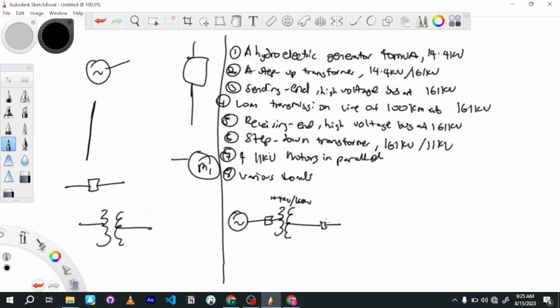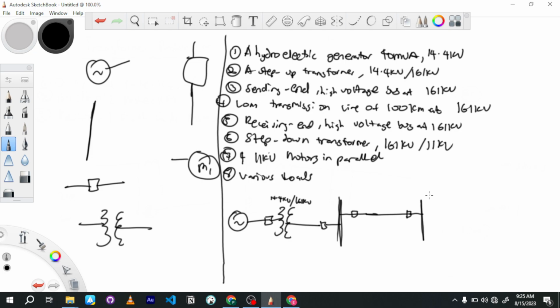We have the sending end high voltage bus, then another circuit breaker, a long transmission line, and after the long transmission line, the receiving end bus here. We have a step down transformer, and after the step down transformer, another circuit breaker.